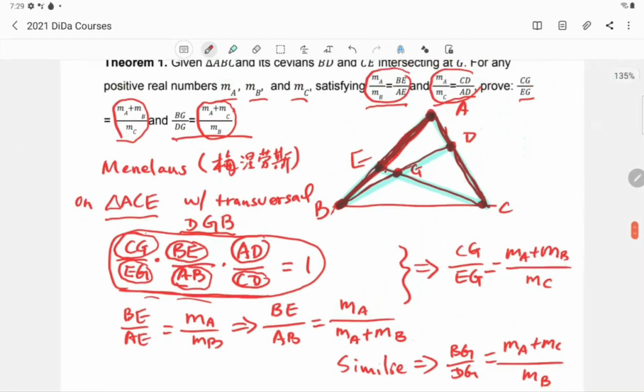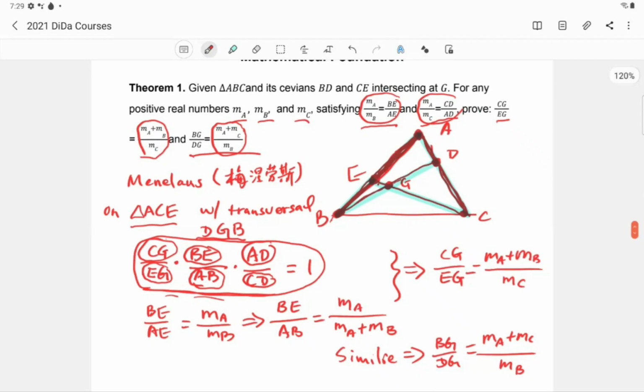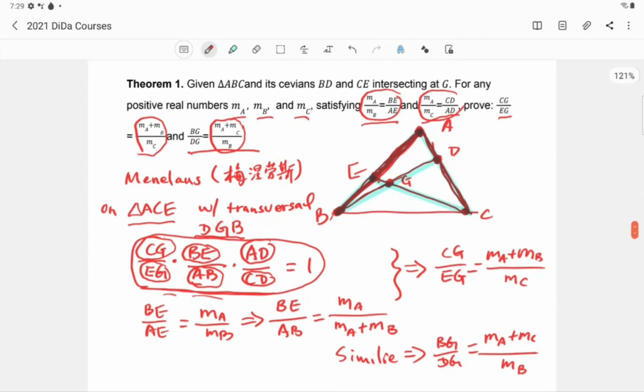Let me shrink it so you can see the whole thing. Again, I want to remind everyone, up until this point, I did not say anything about masses or weight or center of mass. All I did is pure mathematical algebraic manipulation with the conditions.